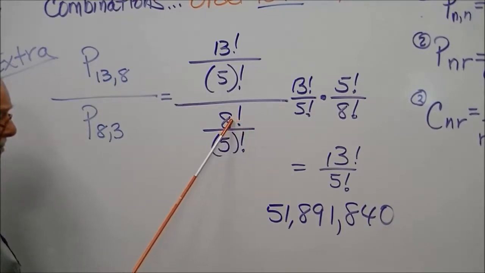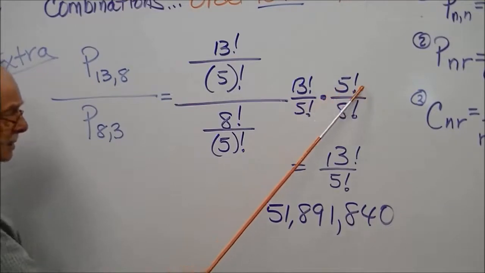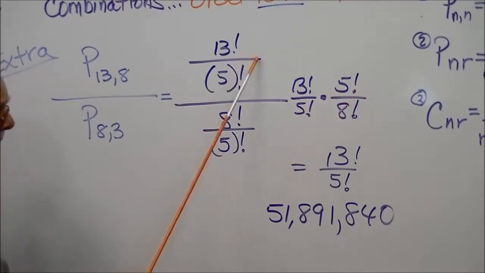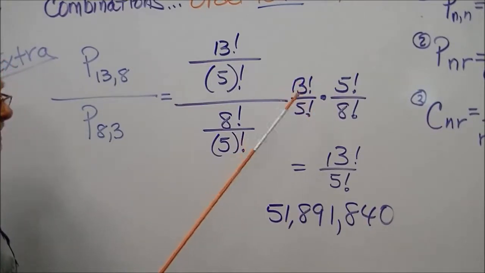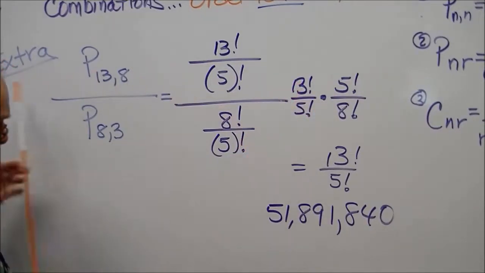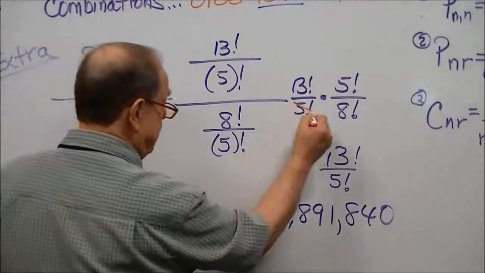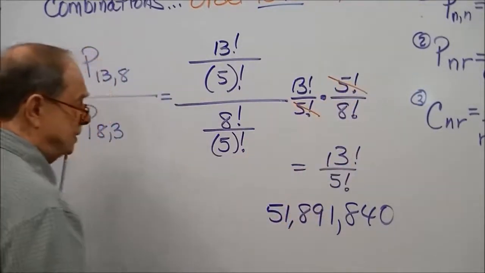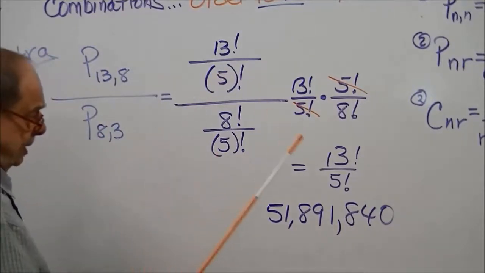So instead of the 8 being on the top now, it's on the bottom, and the 5 is on the top. So now you've gone from a division to a multiplication. That's key here. Now notice what can happen. We can cross multiply and cancel out these factorials. So what are we left with then?